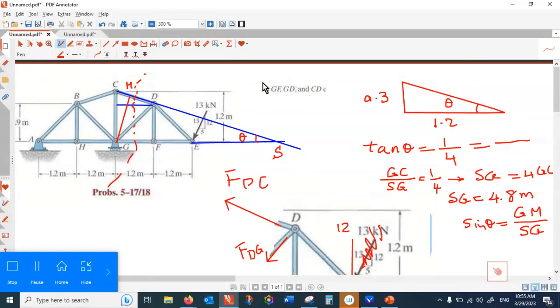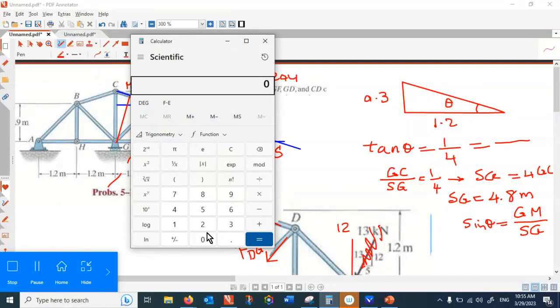I can find sine theta: the square root of 1.2 squared plus 0.9 squared, that is 1.5.